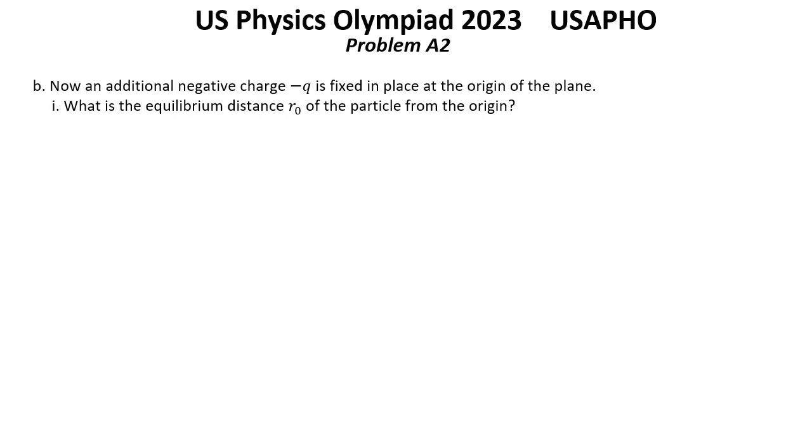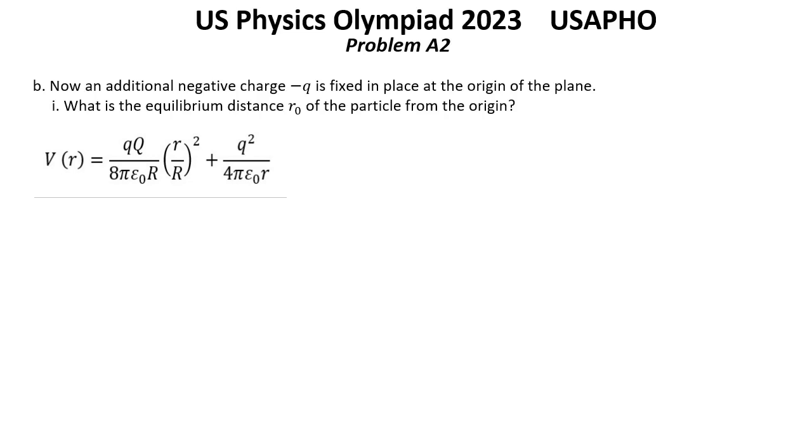Solution for part B. Now an additional negative charge, negative q, is fixed in place at the origin of the plane. First question. What is the equilibrium distance r0 of the particle from the origin? Solution. With the additional charge at the origin, the total potential energy of the particle as a function of r is this one.